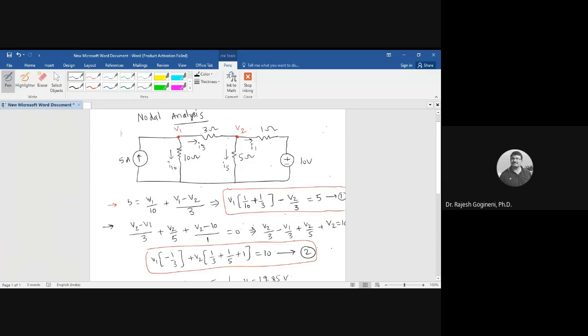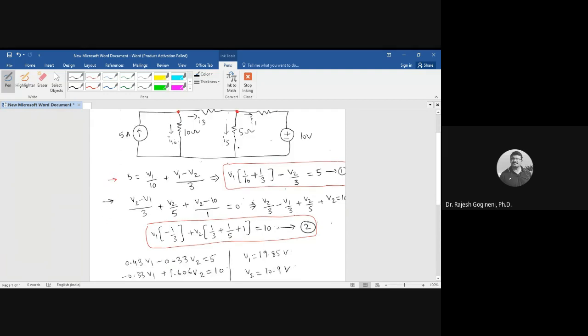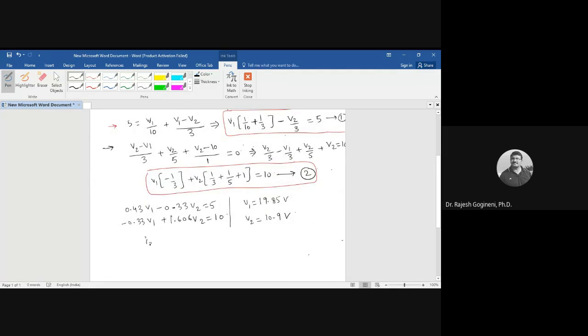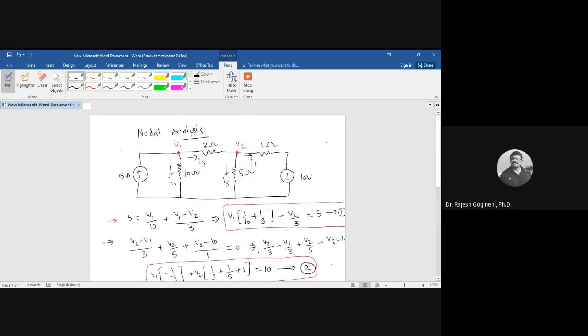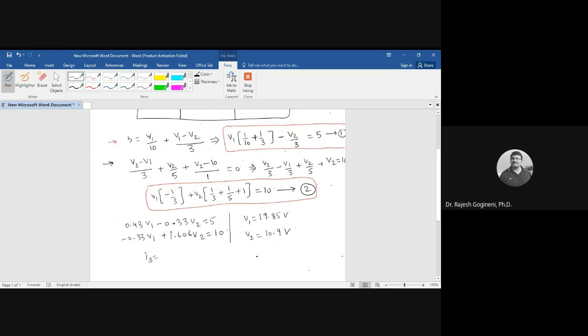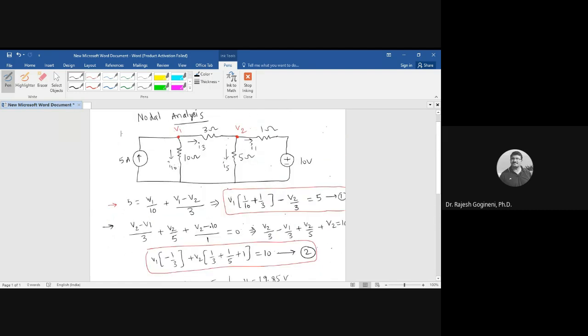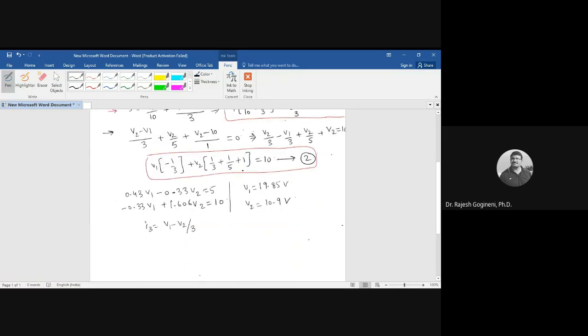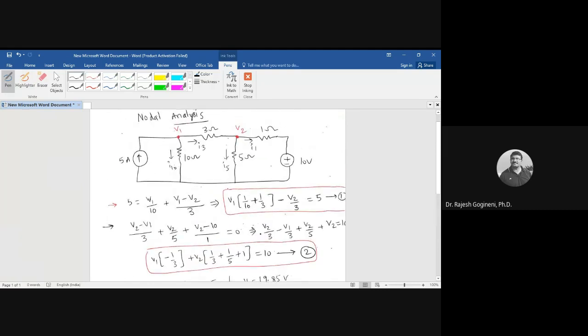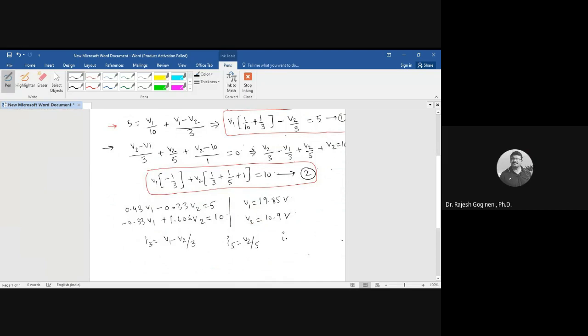If you assume I3 is flowing through the 3 ohms in this direction, with the reference direction from node V1 to V2, I3 is V1 minus V2 by 3 ohms. I5 is V2 by 5. I10 is V1 by 10.